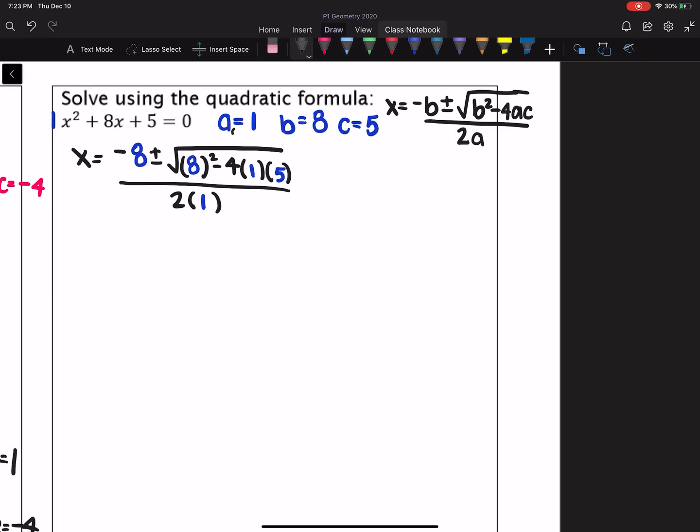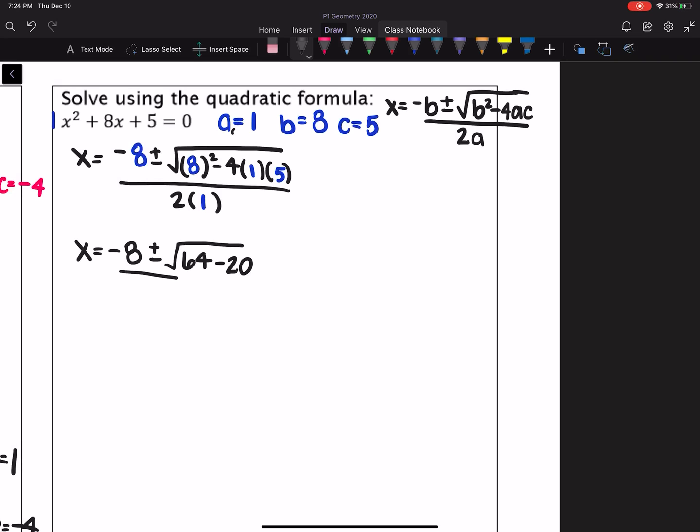From here, I'm going to want to simplify under my square root. So I have 8 squared, which is 64. And I have negative 4 times 1, which is negative 4. And negative 4 times 5, which is negative 20.